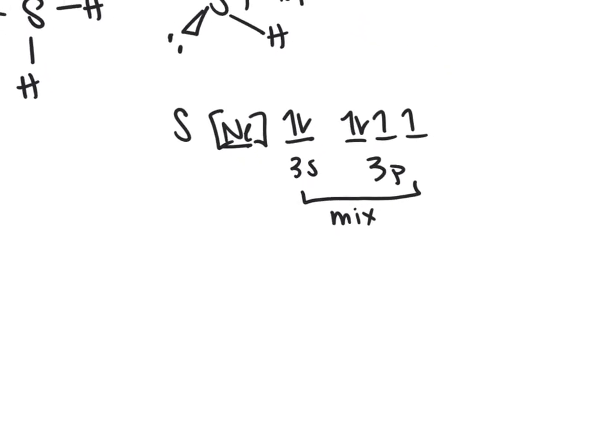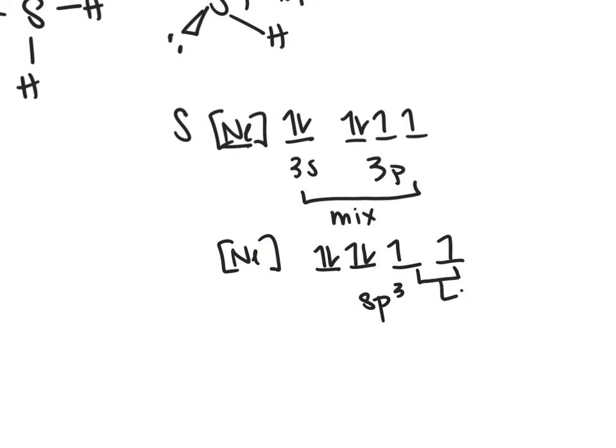So we're going to mix these together to where we have neon and the sp3 hybrid orbitals. So we're going to put in our 6 valence electrons, 1, 2, 3, 4, 5, 6. So now we have 2 orbitals that are ready for bonding. These are bonding.